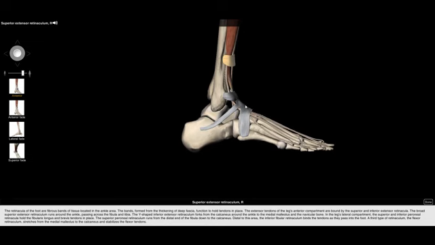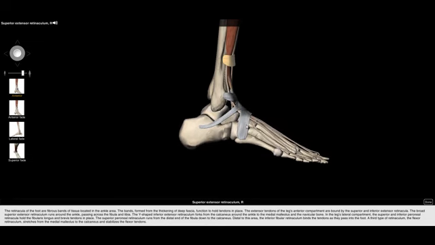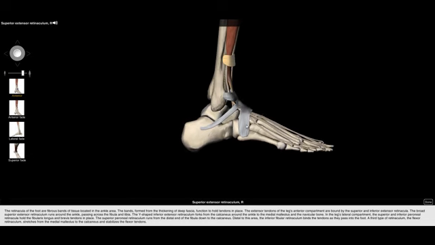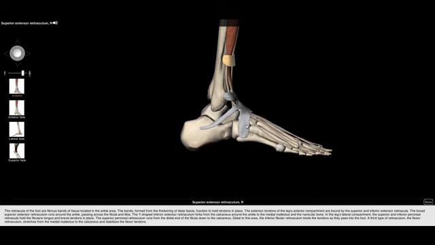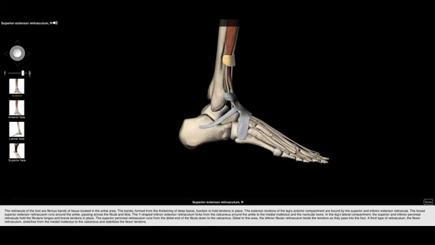So these extensor and peroneal retinacula are critically important to maintain an appropriate pull for dorsiflexion and keep the tendons in their appropriate position.